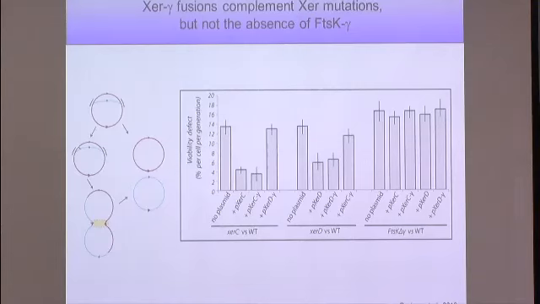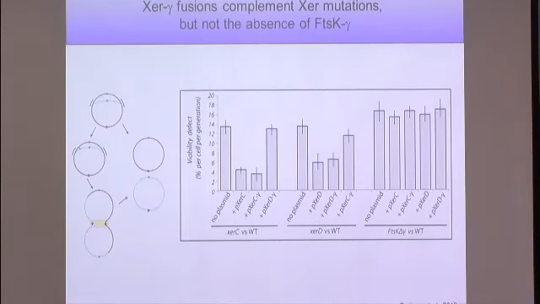So we can then ask, if we've got these hyperactive mutants, are they working normally on the chromosome? And we can do this by taking various different strains. So we take a strain where we've knocked out XerC and then try expressing this XerC fusion protein in that strain.